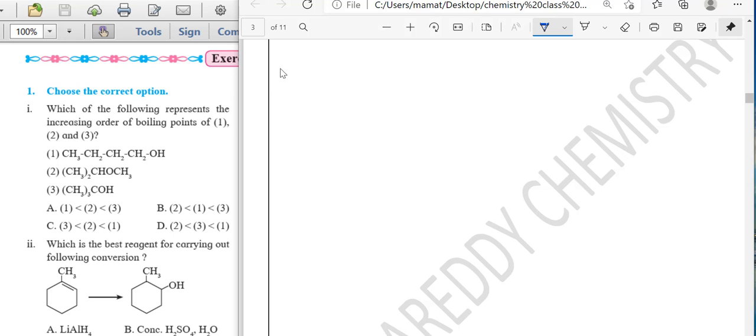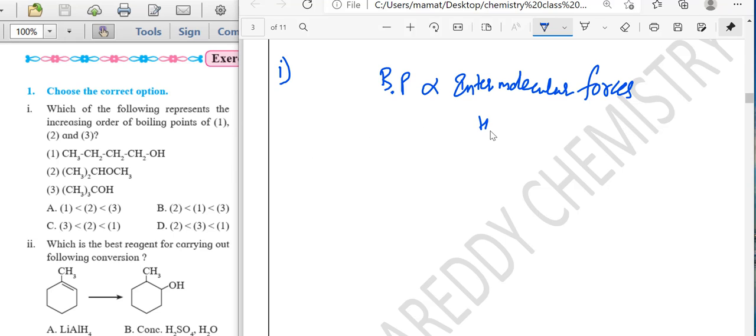Question number 1. Which of the following represent increasing order of boiling point? See here, boiling point is directly proportional to intermolecular forces. Okay, so in this functional group, if hydrogen bond is there, obviously that is more.